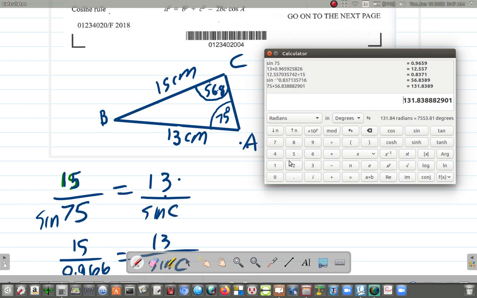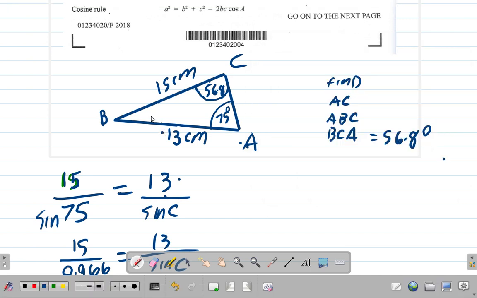So to find B, you say 180 minus that gives us 48.2 degrees. So ABC is 48.2 degrees.